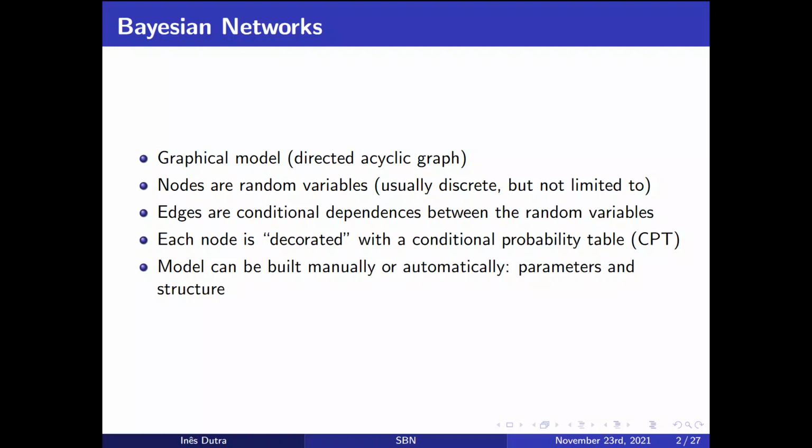Okay, so there are several algorithms that can do that, and the literature is plenty of solutions for this problem. It's not a very easy problem, especially because of the complexity. If you want to build a very general Bayesian network, you face a complexity problem.